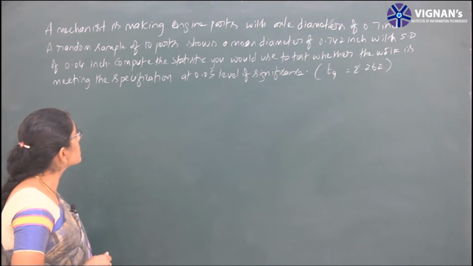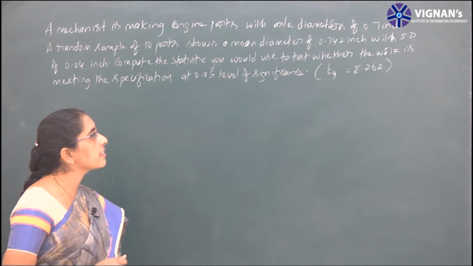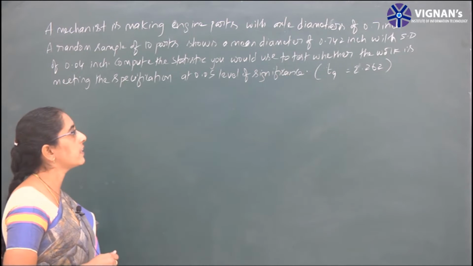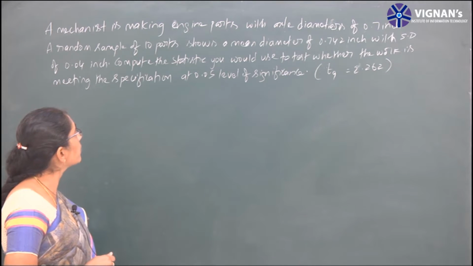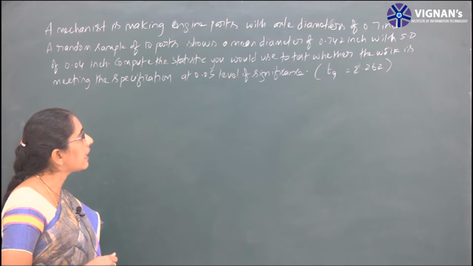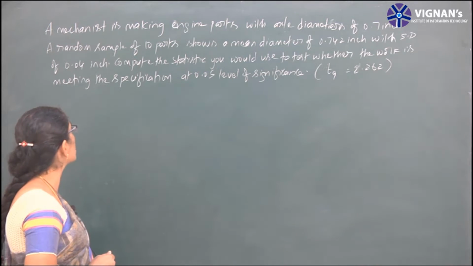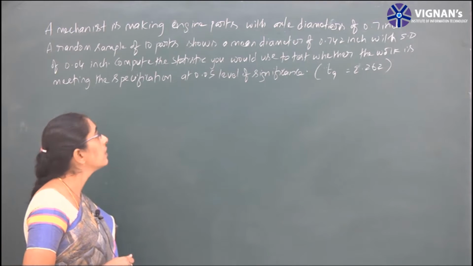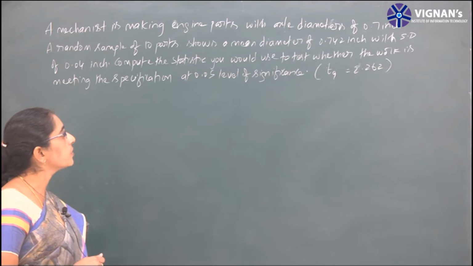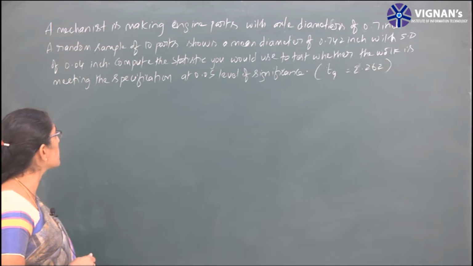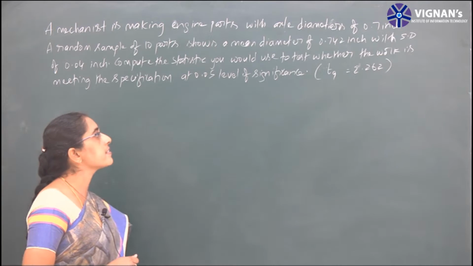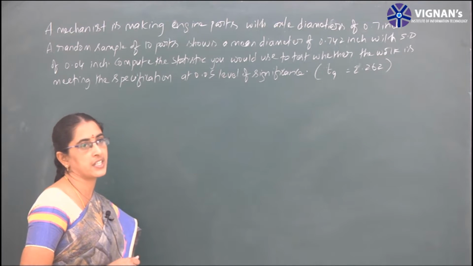A machinist is making engine parts with axle diameter of 0.7 inch. A random sample of 10 parts shows a mean diameter of 0.742 inch with standard deviation of 0.04 inch. Compute the statistic you would use to test whether the work is meeting the specification at 0.05 level of significance.